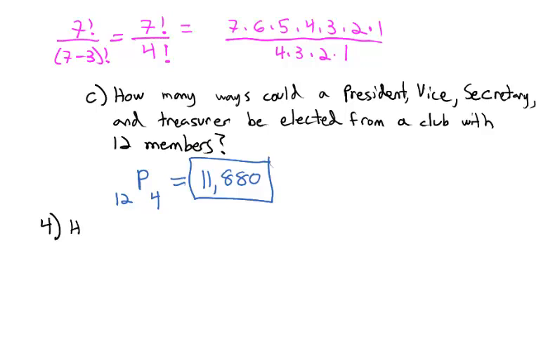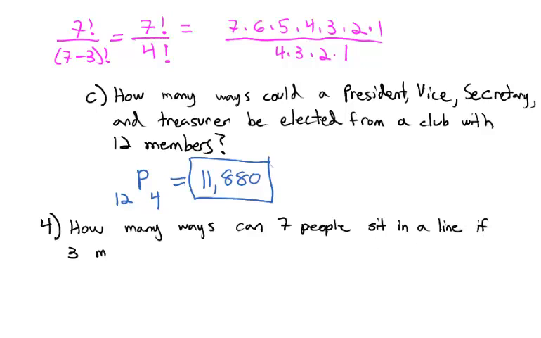So let's say, how many ways can 7 people sit in a line if 3 must sit together?